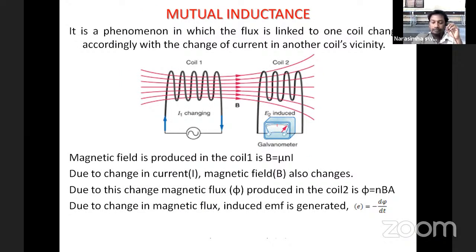Mutual inductance is also a simple concept.